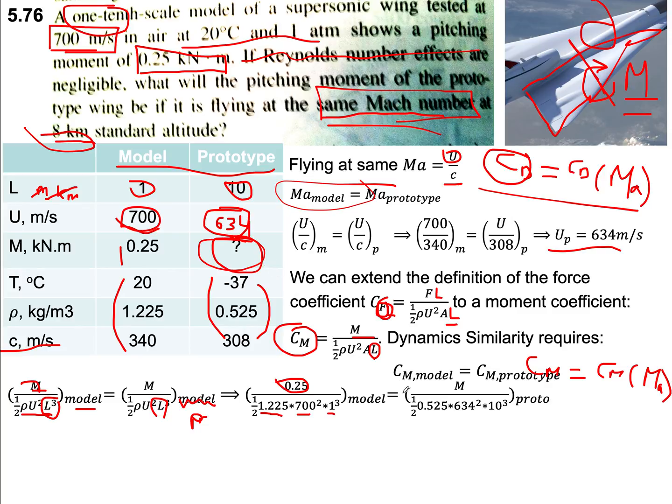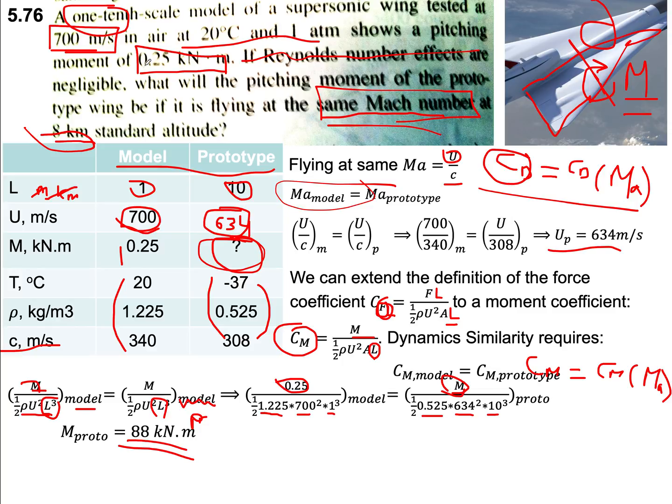For the prototype, I don't know what the moment is, but I have the density at 8 kilometers to be half kilogram per meter cubed, and I found from the Mach number that I'll be flying at 634, and the length is 10 units of the prototype, while the length of the model is 1 unit. So it'll be 10 cubed. The only unknown here is the pitching moment on the prototype. So we find a pitching moment of 88 kilonewton meter.